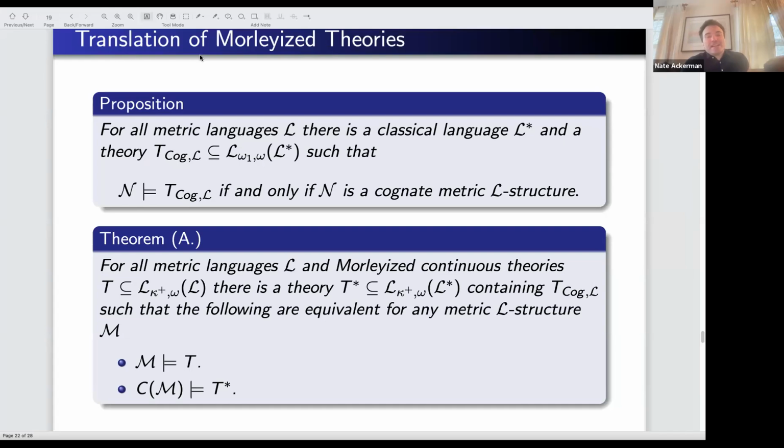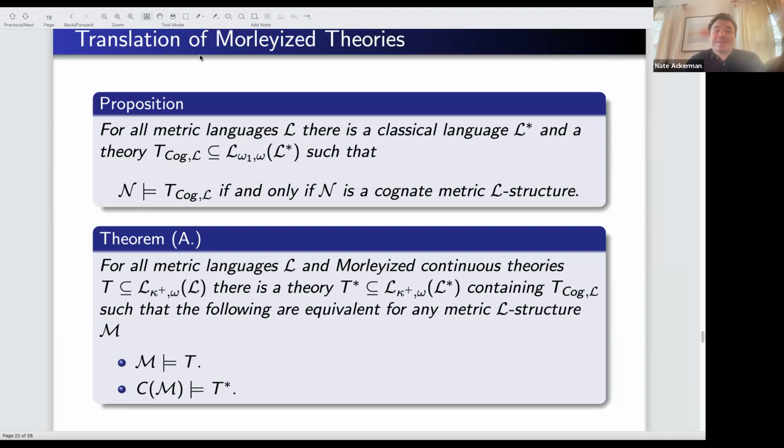Okay, so what this means then is we have not just a way to translate continuous L structures into cognate metric L structures, but we have a way to actually lift sentences of infinitary continuous logic into classical infinitary logic. In other words, we're going to assume we work with moralized theories, but you can do it without them with a little bit of work.